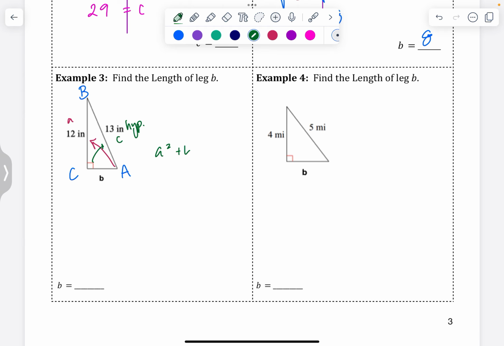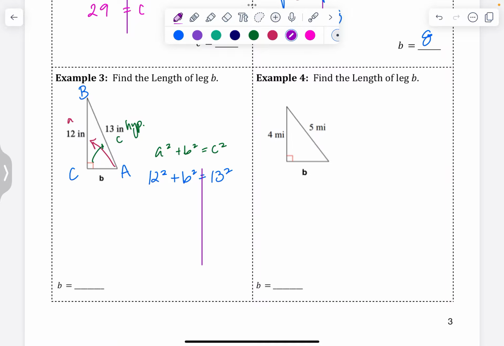I have A squared plus B squared is equal to C squared. So A is 12, so this becomes 12 squared plus B squared, that's what we're trying to find, is equal to 13 squared.